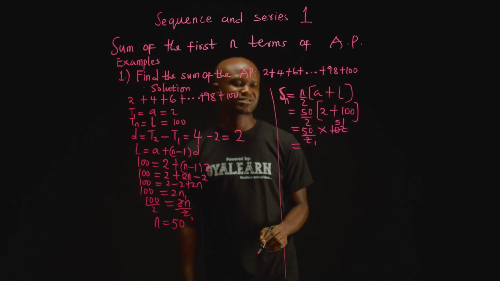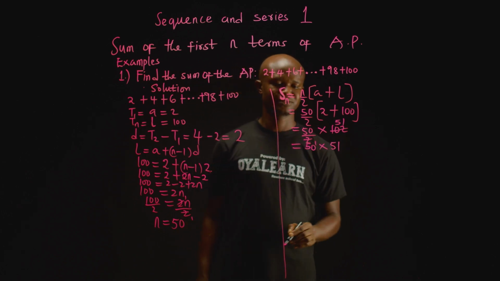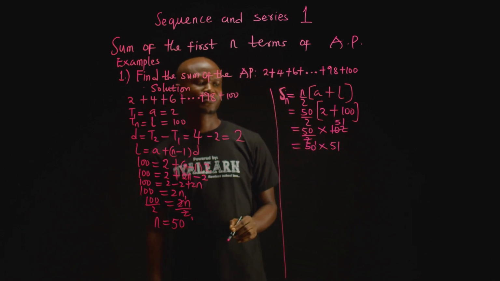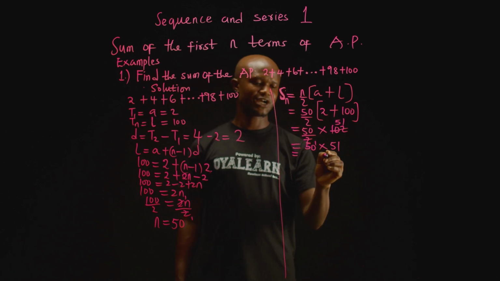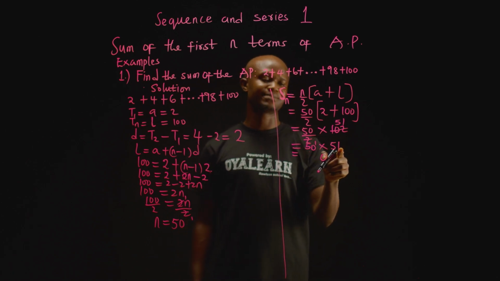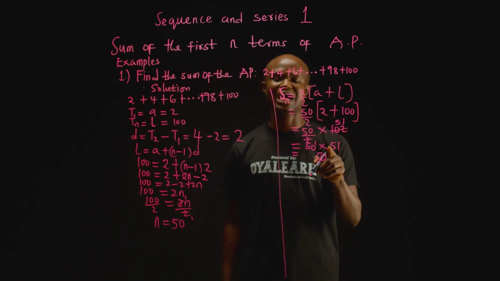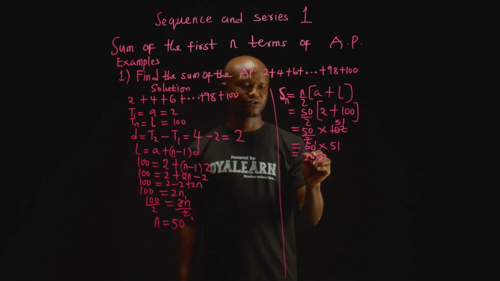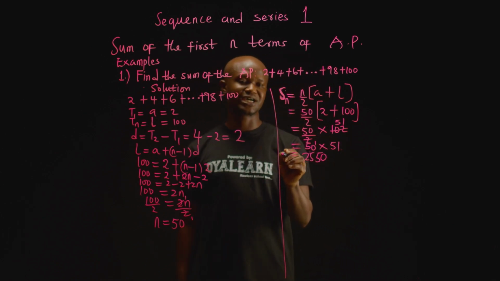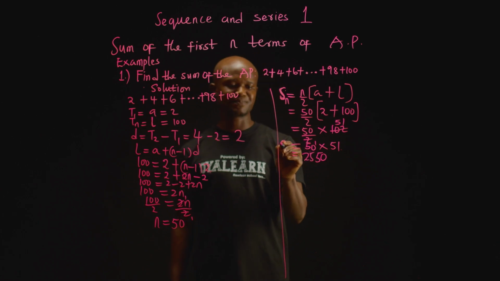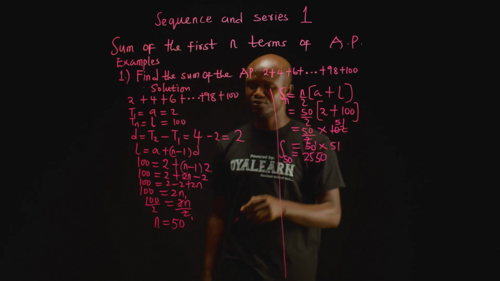So in this case, we now have 50 times 51. What would that give us? 50 times 51, we are going to have 0 at the back. Then 5 times 1, we have 5, while 5 times 5, we have 25. So this will give us 2,550. And this represents S50 because n equals 50.